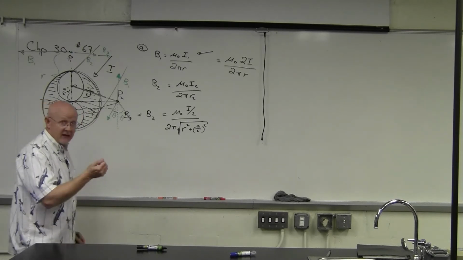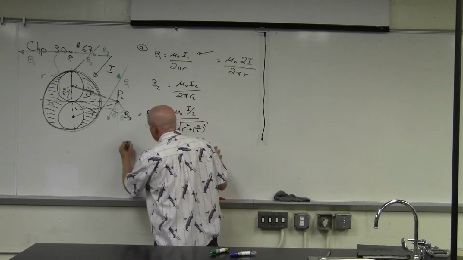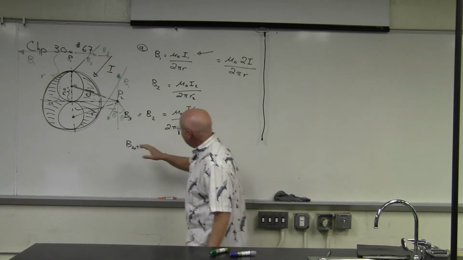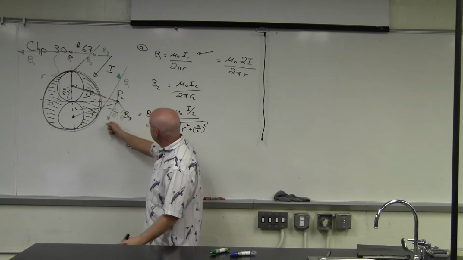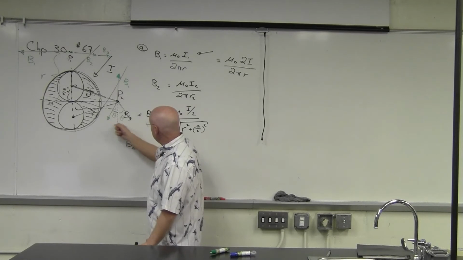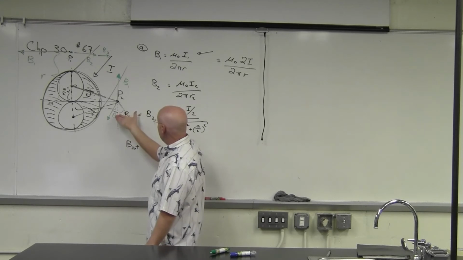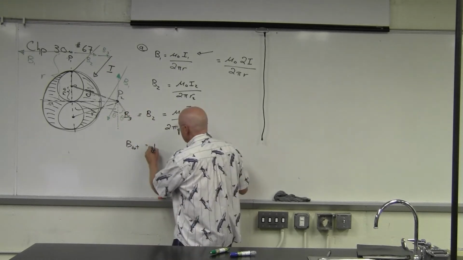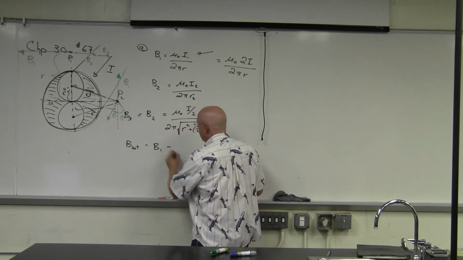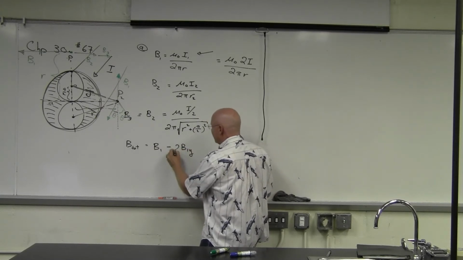And I'll use that to my advantage here, because if I then want to write what is the total magnetic field, I can see that the left and right, what I'd call the x-axis, of number 2 and number 3 cancel off, and I just have the vertical components adding up. So I would say this is upward because of B1, and then minus the y component of number 1, but doubled.